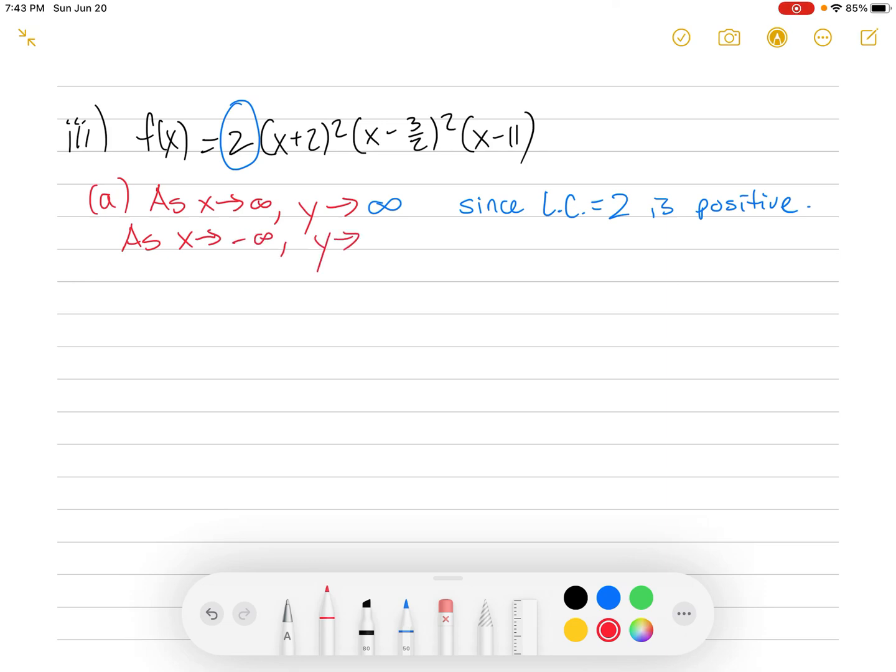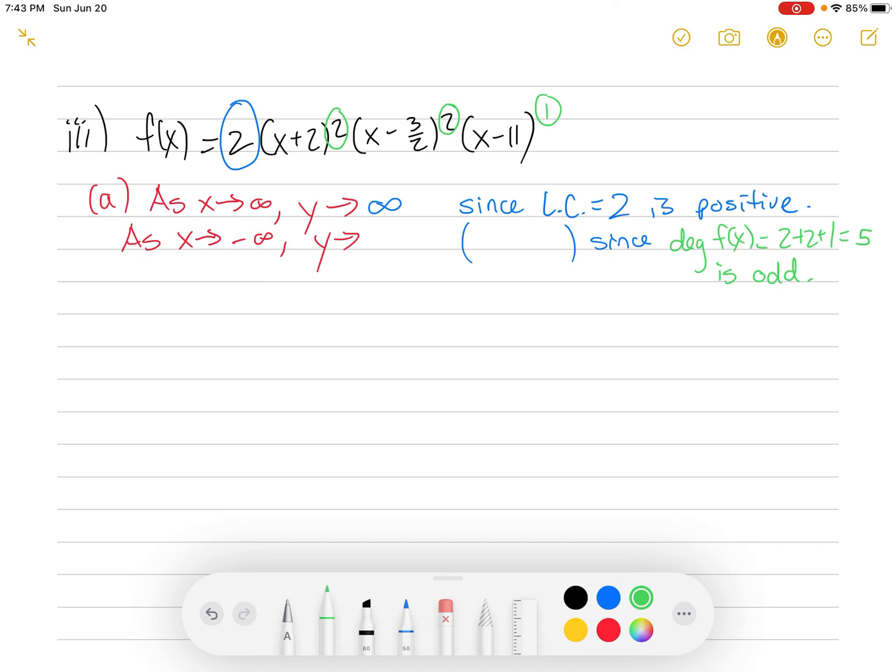Now let's look at the left side. As x goes to the left, as x goes to -infinity, what will y do? Well, to determine that, we're going to focus on the degree of the polynomial. So for the degree of the polynomial, I'm going to take the multiplicities 2, 2, and 1 and add those together. 2 plus 2 plus 1 is 5. Right, that is odd.